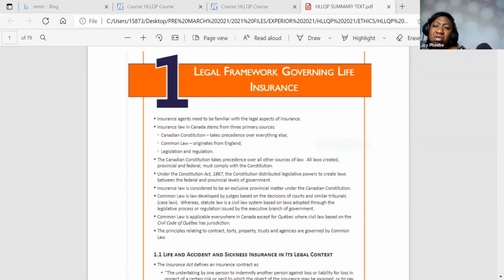And also, the life insurance agent is responsible to facilitate any claims by the client with the insurance company.